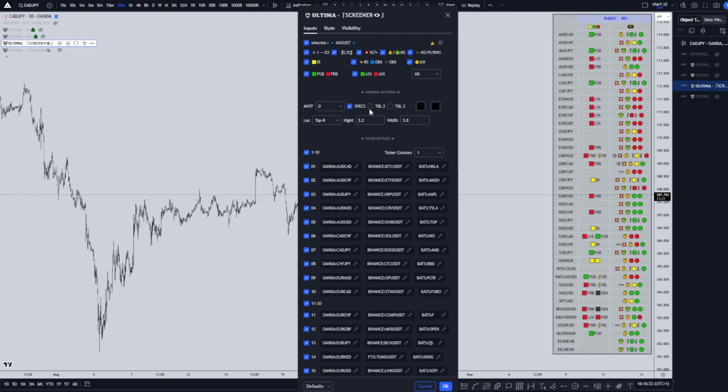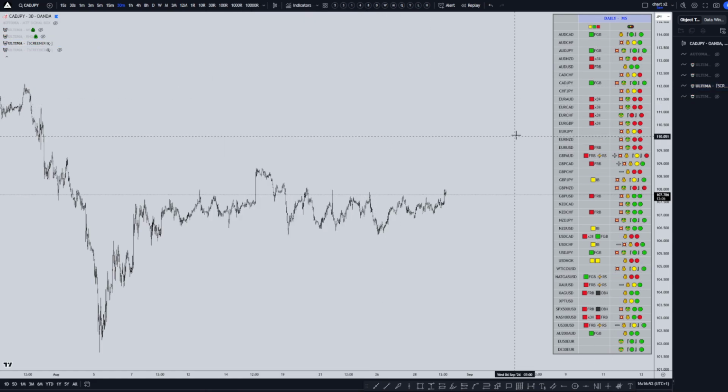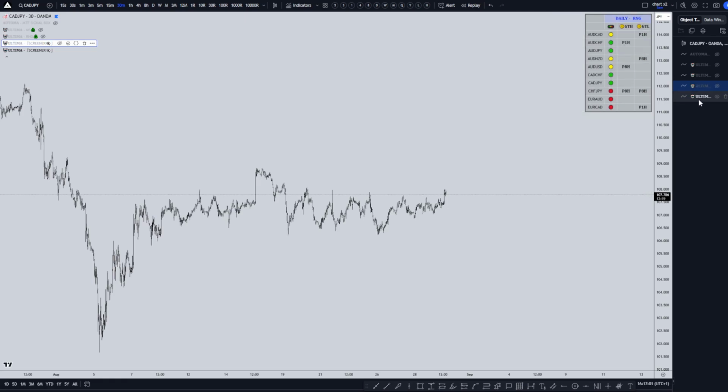This allows you, table 2, table 3, to copy paste multiple tables. As I said, we have one market structure version and another one, the range version. So basically this at the moment is table 1. If you want to add another one, you basically copy paste the same indicator. If you disable this, you can see there is another one.